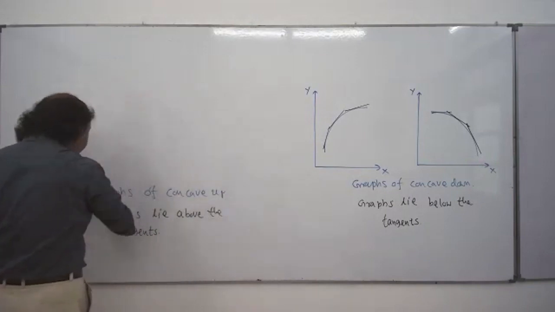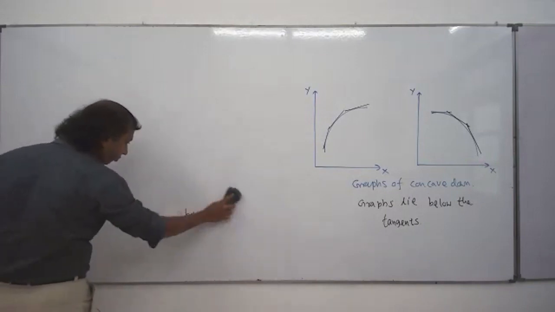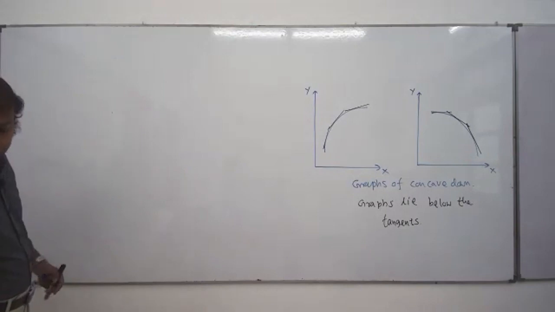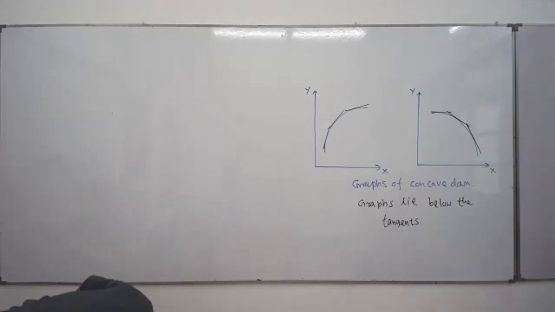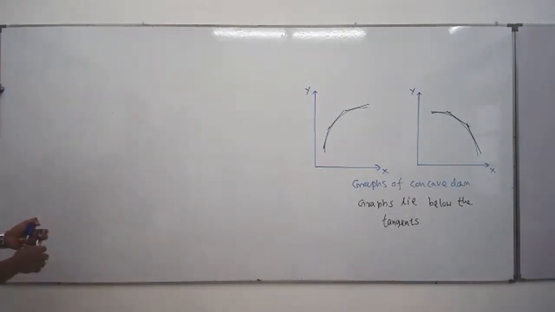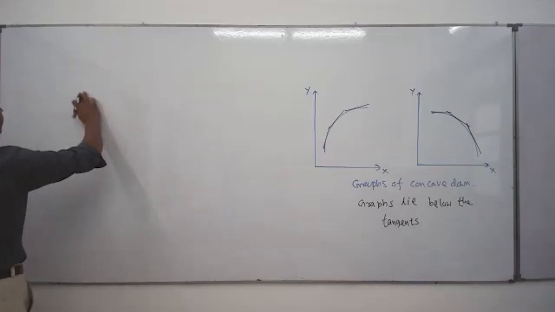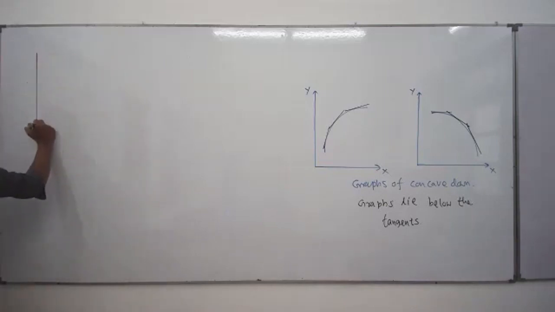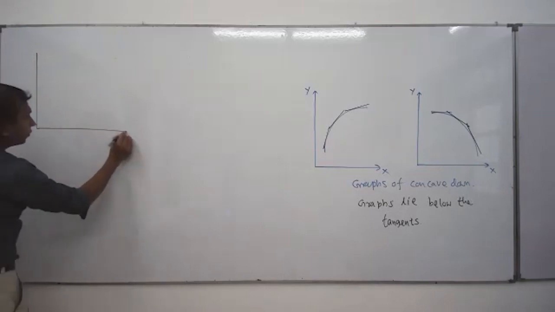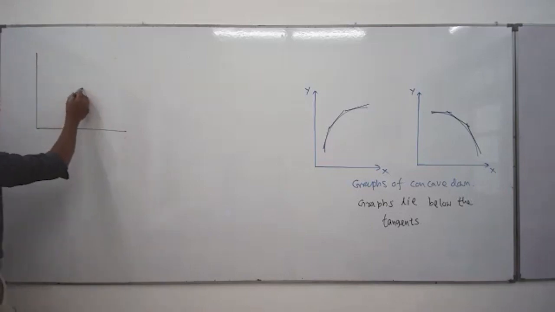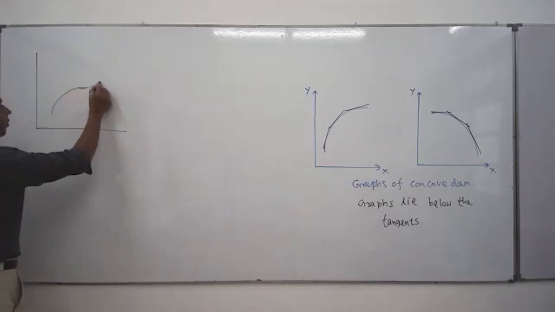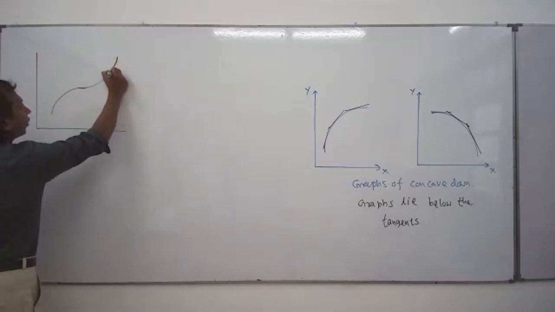Now, consider a graph like this. Of course, you learned this in our previous lesson under maxima and minima. This is this kind of graph.